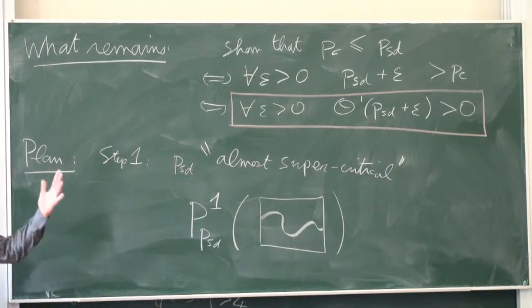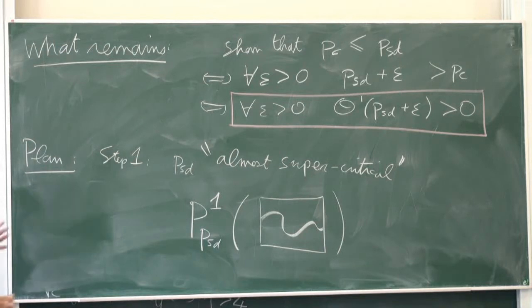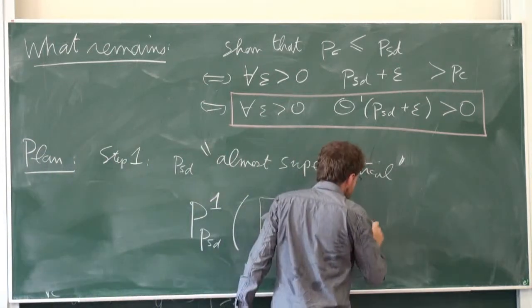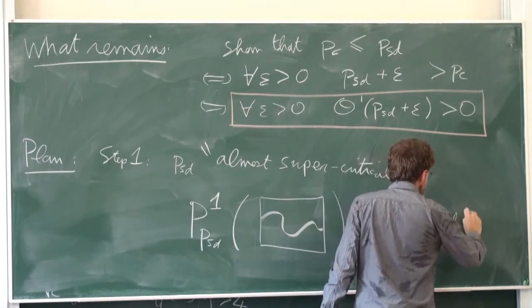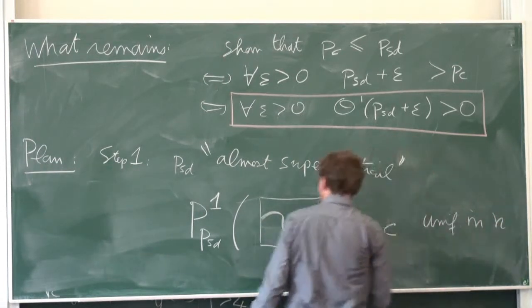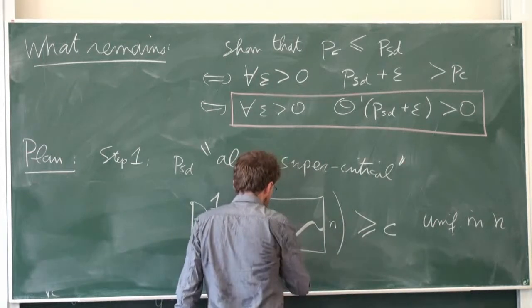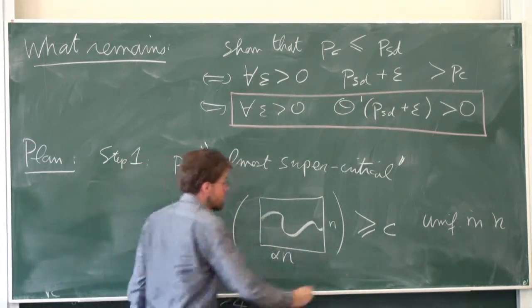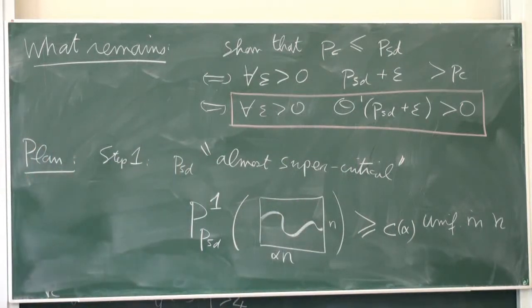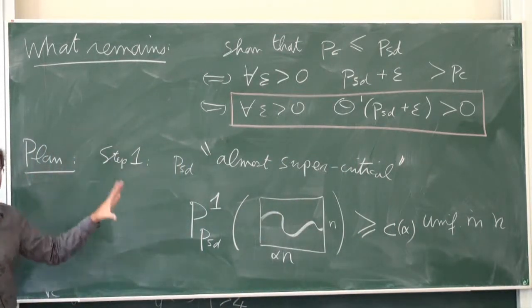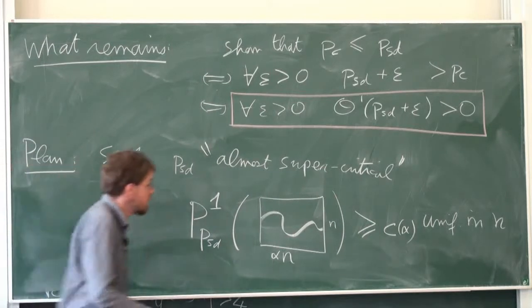So something of size n. This has probability bounded below uniformly in n, which is the size of the box, by alpha n. So again, for those who know percolation, this is similar to the Russo-Seymour-Welsh theory for percolation.